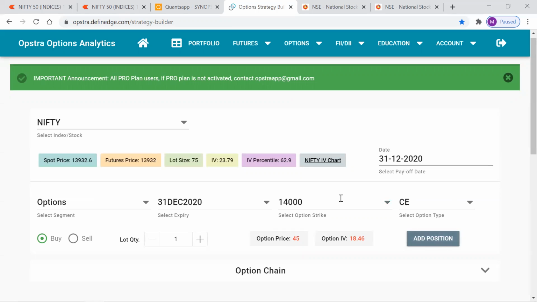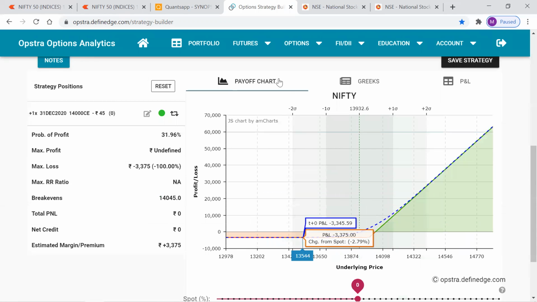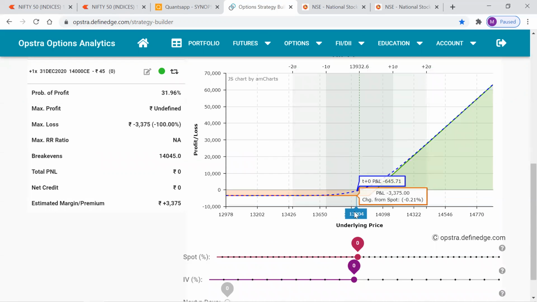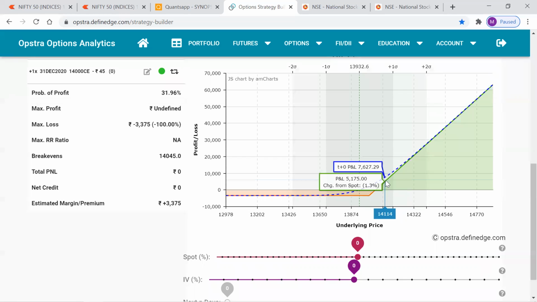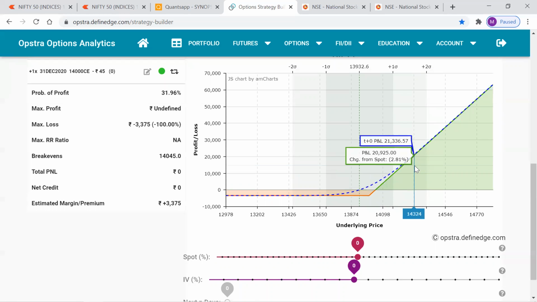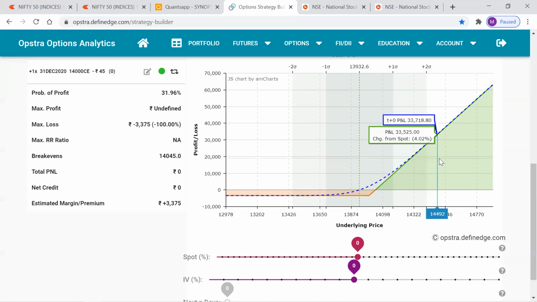After clicking on add position, you will get the payoff diagram. This is the payoff chart. If Nifty crosses 14,000 before 31st of December, or if it crosses 14,300 or 14,500, whatever the upper limit after 14,000, all those are your profits.